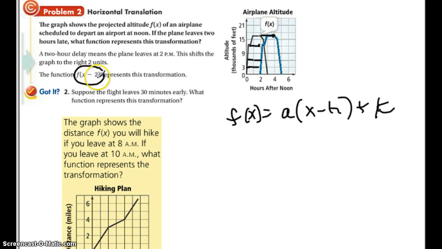So if you look at this, this is going to be x minus h. h is 2. Think about it again. h is 2, so you're going to actually move 2 to the right. The idea behind the negative h is just do the opposite of what you think it is. It looks like negative 2. Wait a minute, it's h. Just do the opposite and go to the right.